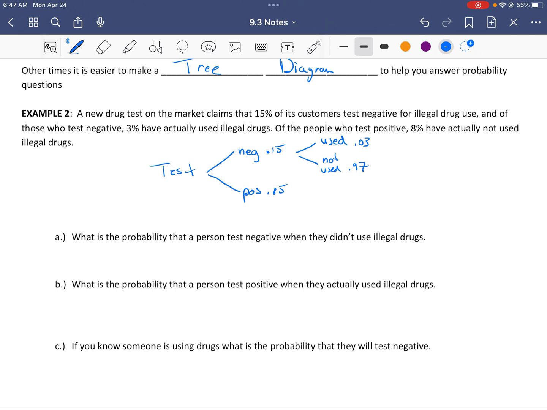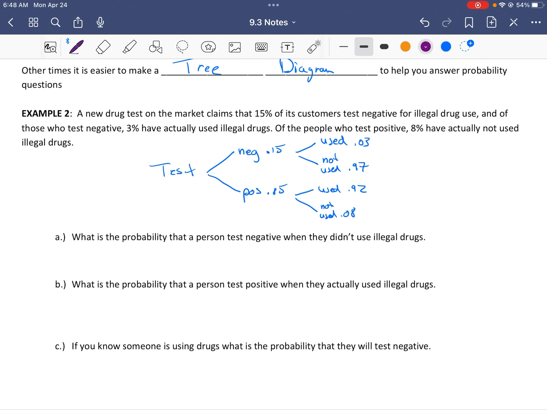Because if 3% actually used drugs, then 97% did not, so that branch of the tree has to add up to 1. Of the people who tested positive, they tell us, 8% did not use and 92% actually used.